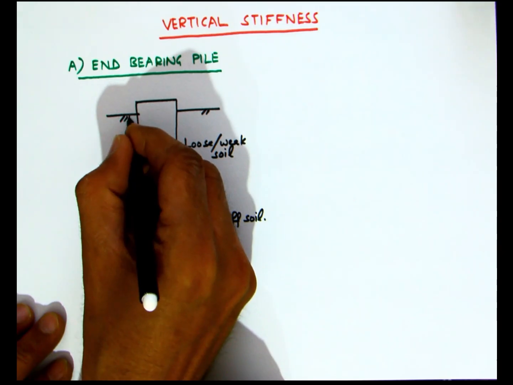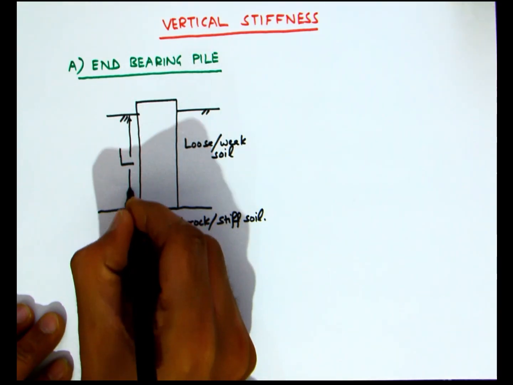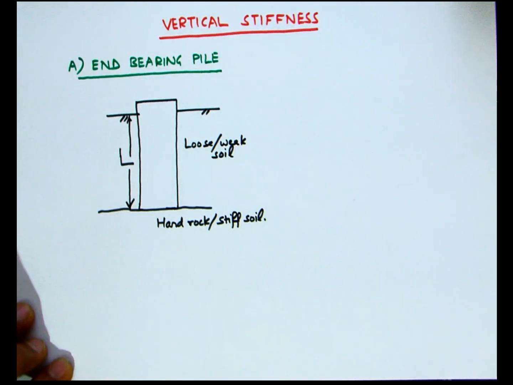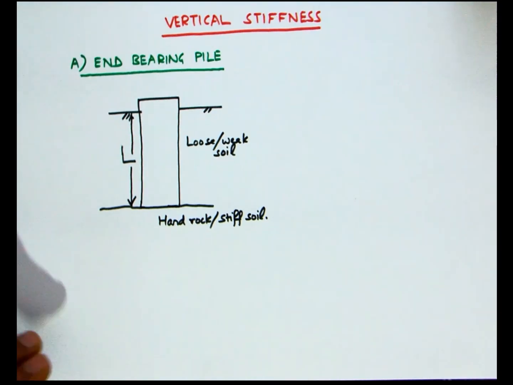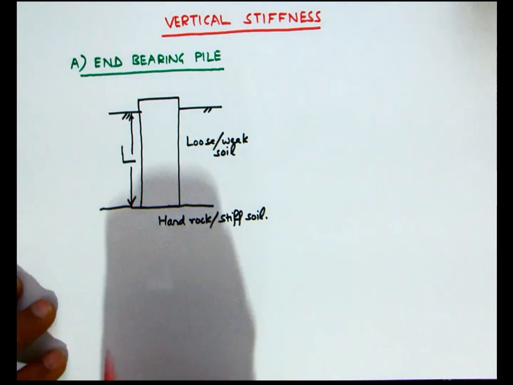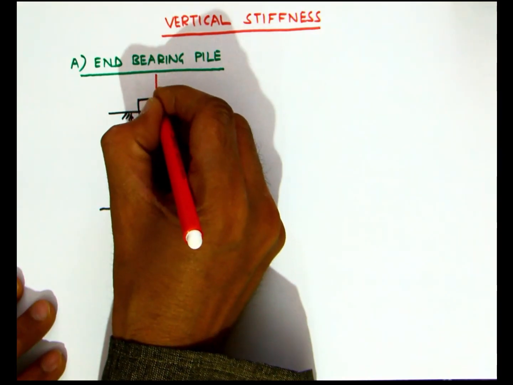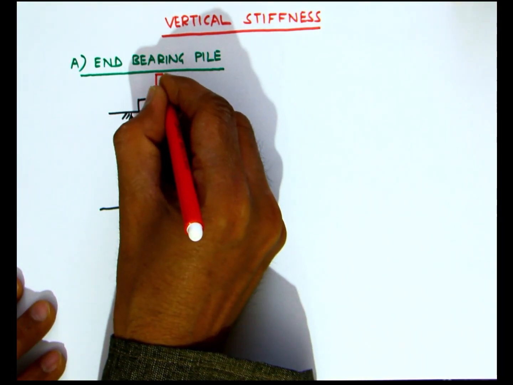Let L be the embedded length of the pile, and above the pile the superstructure is contributing a weight Ws, which is in newtons.